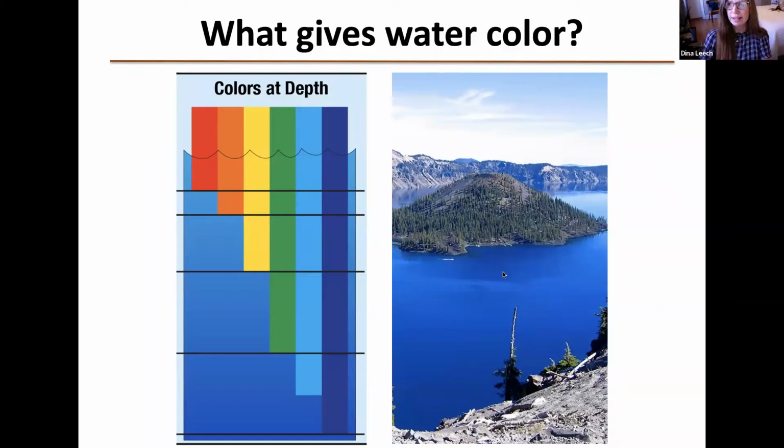And so the reason that Crater Lake is so blue is because the blue wavelengths of light are going down deeper into the water column compared to those longer wavelengths of light.